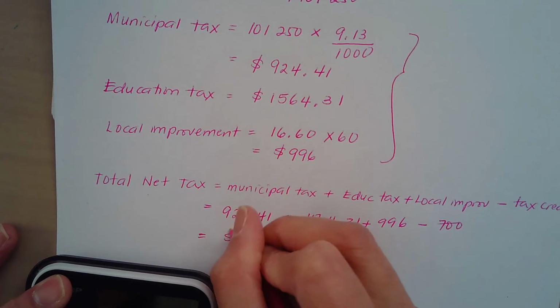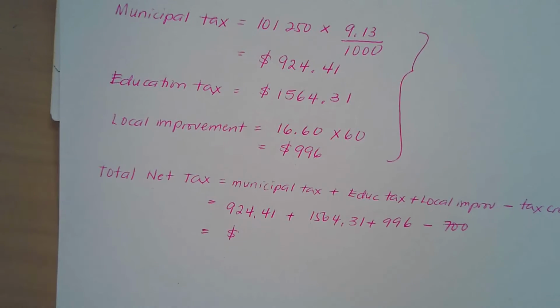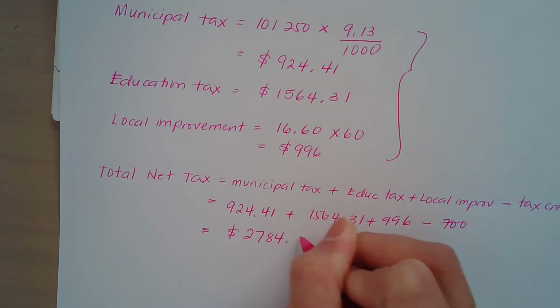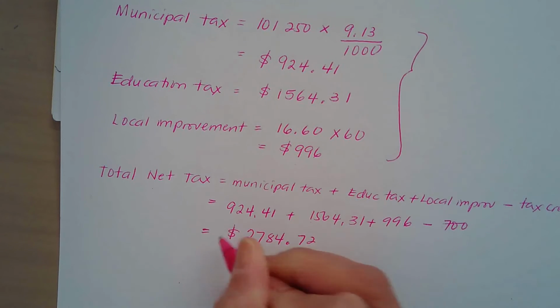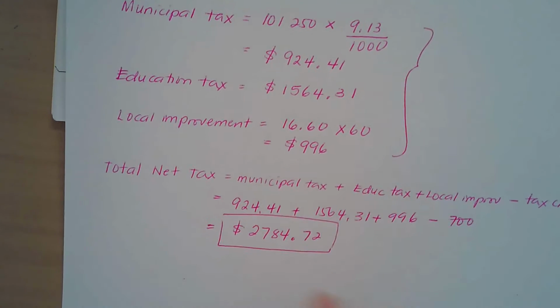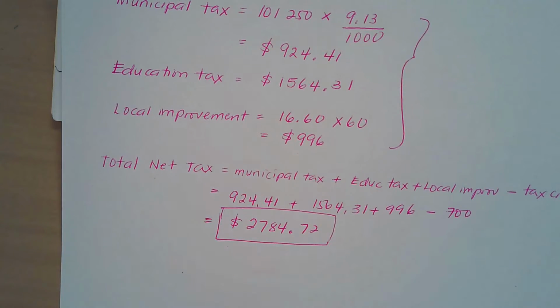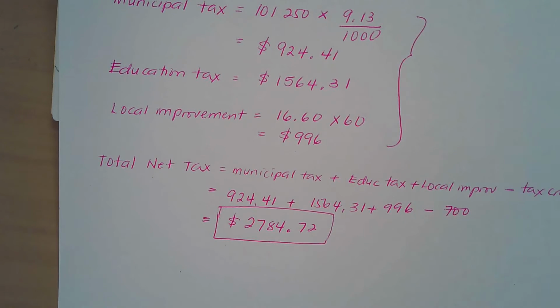So the grand total is $2,784.72. Okay, so we put a dollar sign because it's the amount of money. And yeah, okay, education tax, municipal tax, plus local improvement minus tax credit.